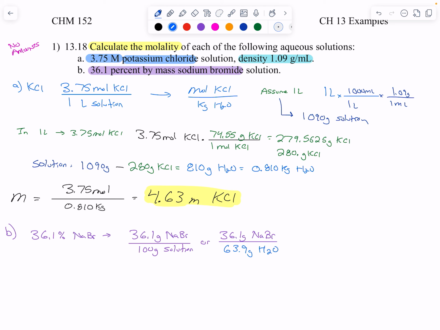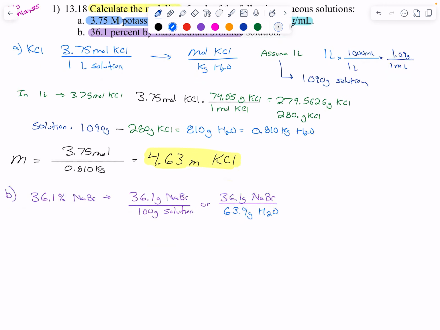Well, I can convert that. And so let's try this out. We take our 36.1 grams of sodium bromide and our 63.9 grams of water. And let's see how we can do here. I can convert grams to moles. So we know that sodium is 22.99, and we know that bromine is 79.9.